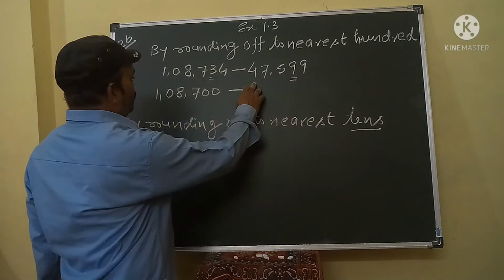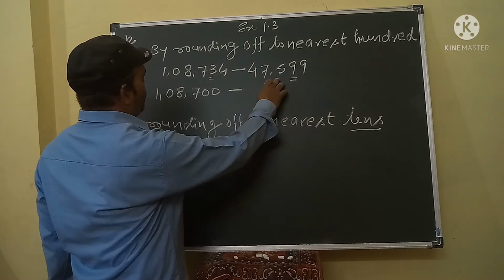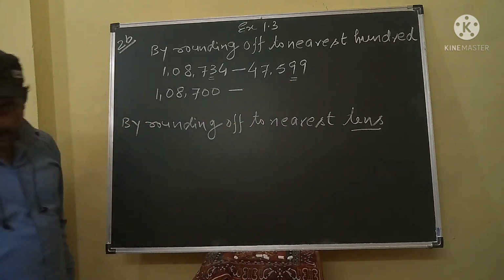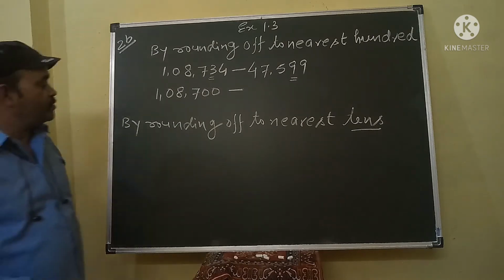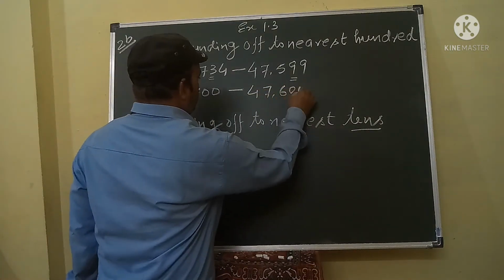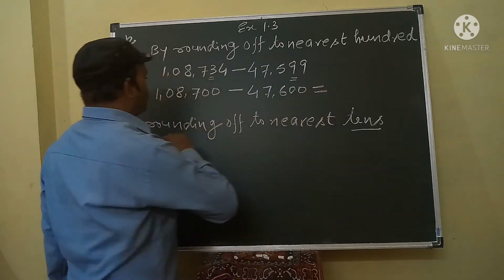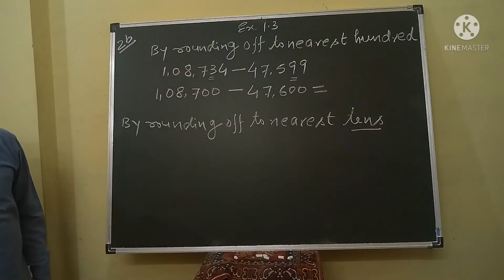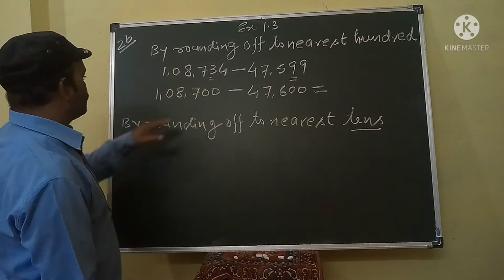Therefore, rounding off 47,599 will be 47,600. Okay.